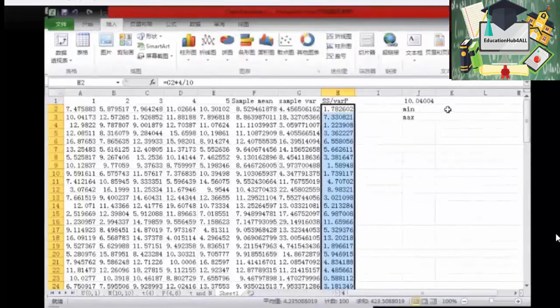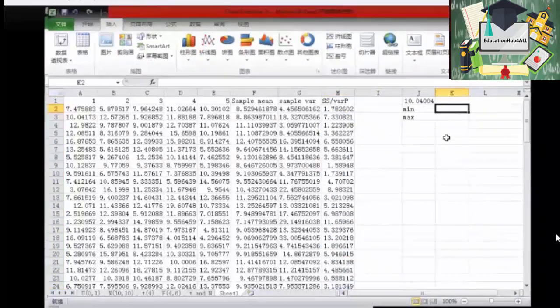Again, you find the minimum value. Now we want to draw a frequency distribution.